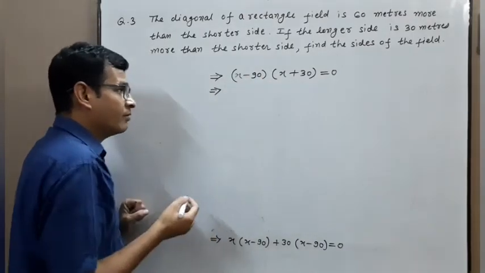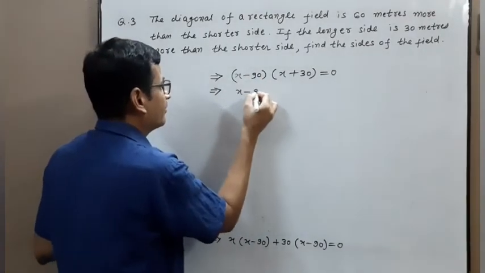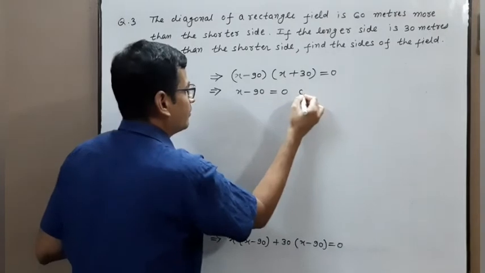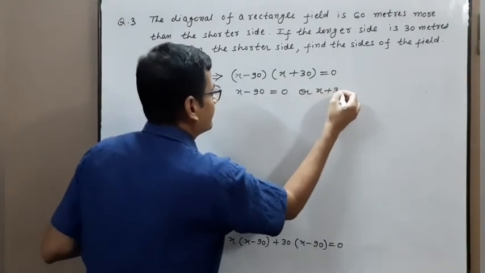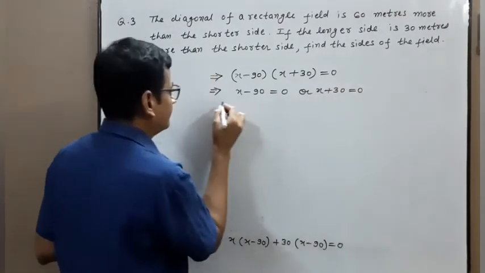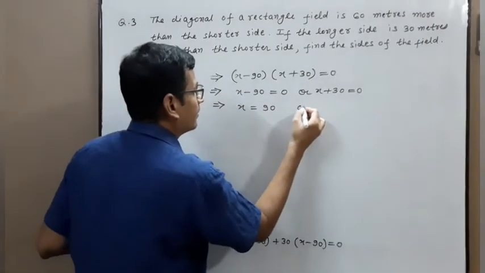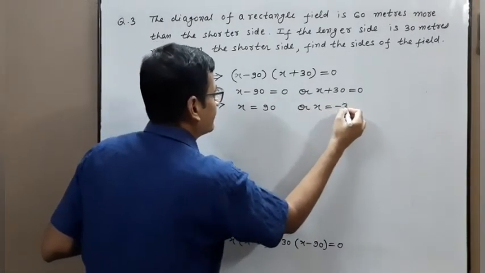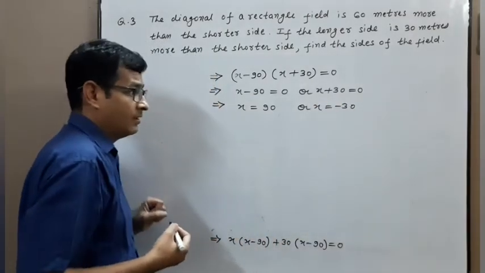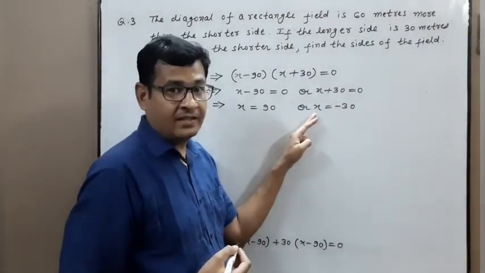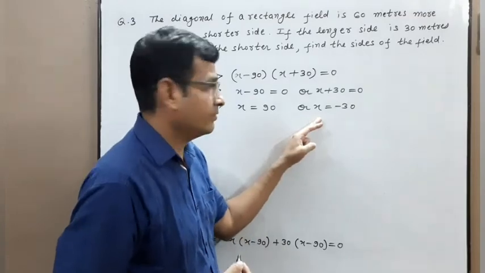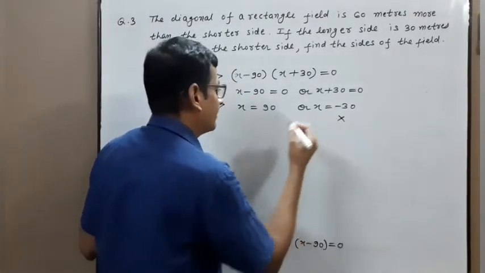Product of two numbers equal to 0 means each number equal to 0. x minus 90 equal to 0 or x plus 30 equal to 0. So x equal to 90 or x equal to minus 30, because x is length and length cannot be negative, so this is rejected.